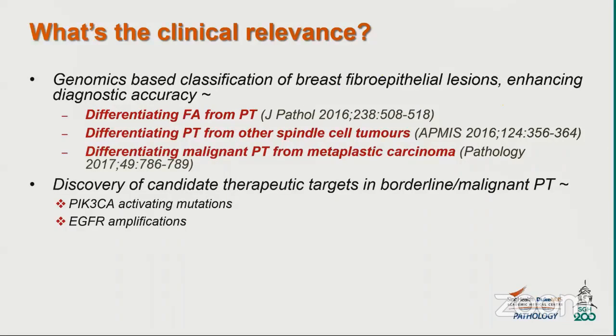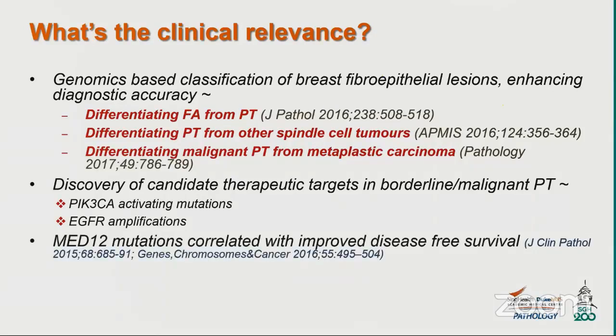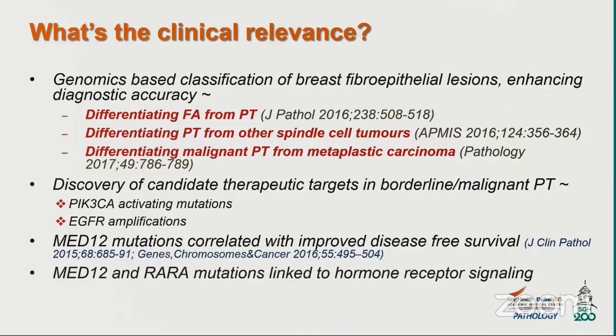Secondly, the discovery of candidate therapeutic targets can open avenues for treatment of borderline and malignant phyllodes tumors. Thirdly, MED12 mutations are possibly prognostic, correlating with improved disease-free survival. And finally, MED12 and RARA mutations linked to hormone receptor signaling can open opportunities for future hormonal treatment.